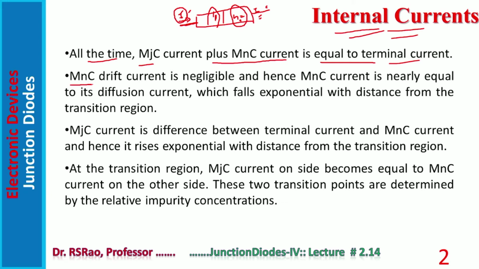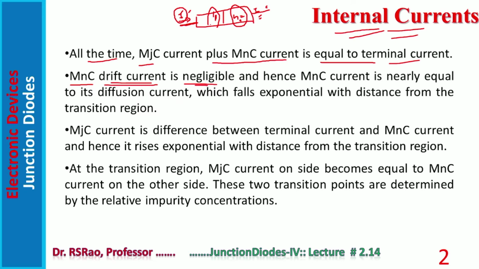Minority carrier drift current is negligible. Why is it negligible? Drift current is proportional to carrier concentration. It is also proportional to potential gradient.